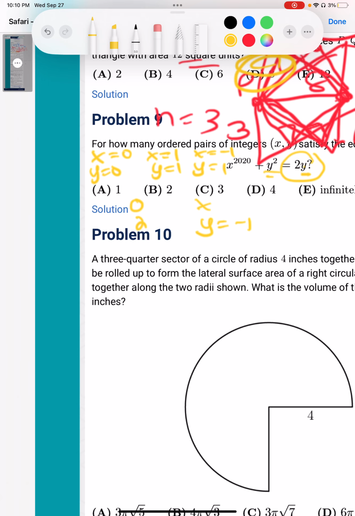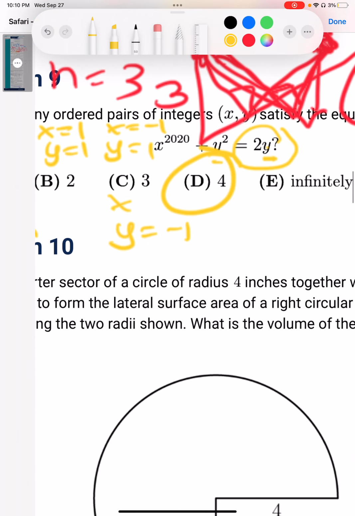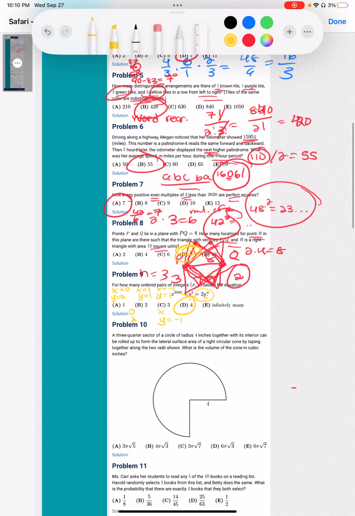So it'd be 0 plus 2 squared is 4, 2 squared is 1, 1, 2, 0 and then 4 times 2. Yeah, so there's going to be 4 solutions. I mean D. And that's it. The first 9 questions are done.